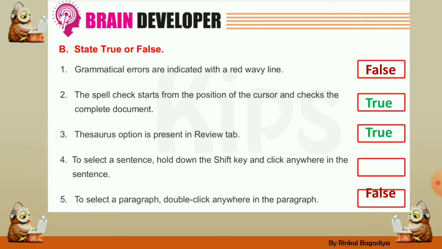Number 5, to select a paragraph, double click anywhere in the paragraph. Is it true? No, it is false, because to select a paragraph, we have to triple click anywhere in the paragraph, not double click. So write down answer 5 is false.